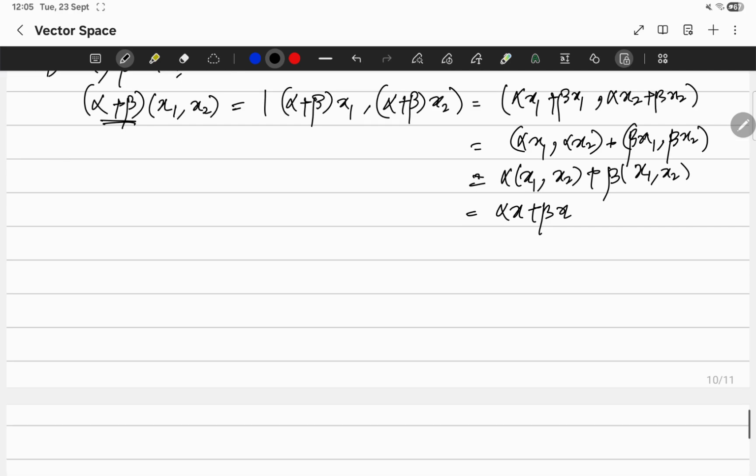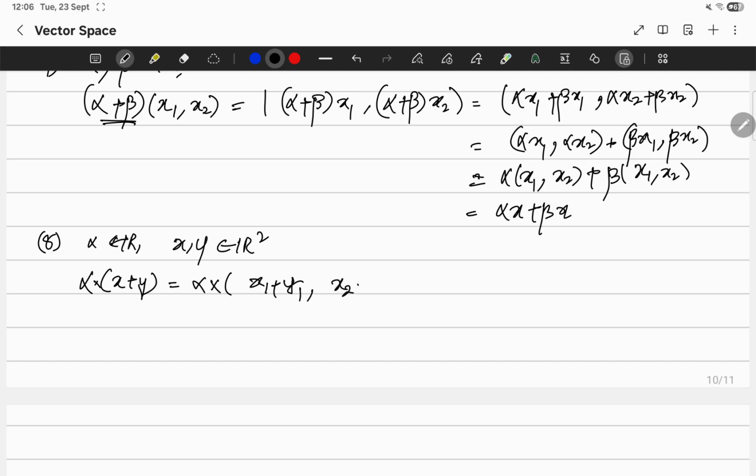Similarly, now take the eighth property. Take alpha any real number, and x and y two elements from R2. So alpha times (x plus y) you have to check. That is alpha times (x1 plus y1, x2 plus y2), because x is equal to (x1, x2) and y is equal to (y1, y2), so the sum will be this.